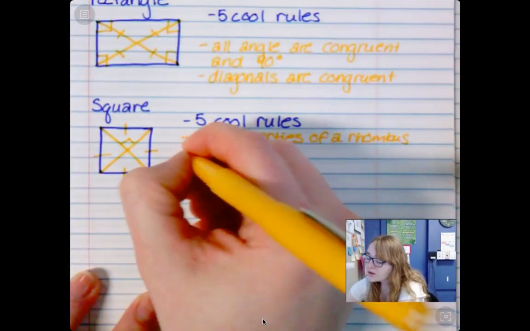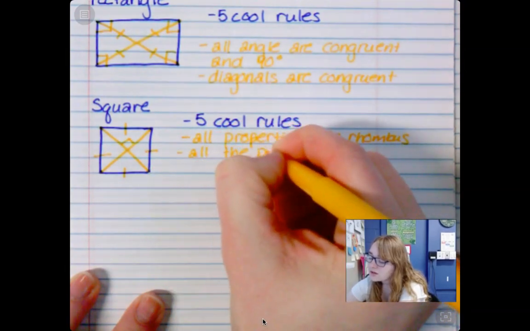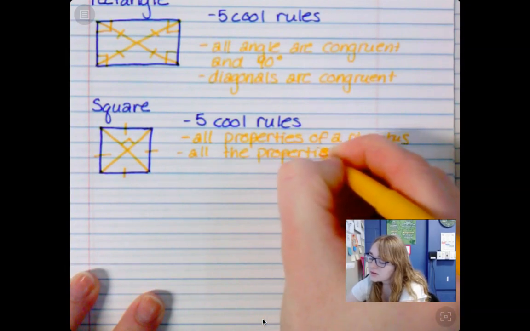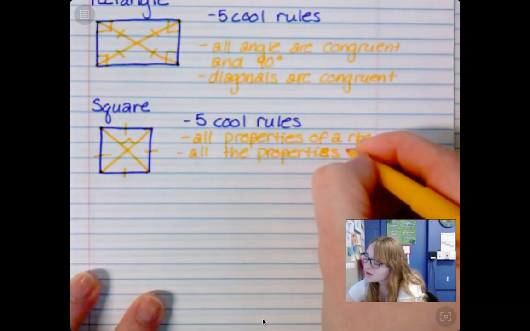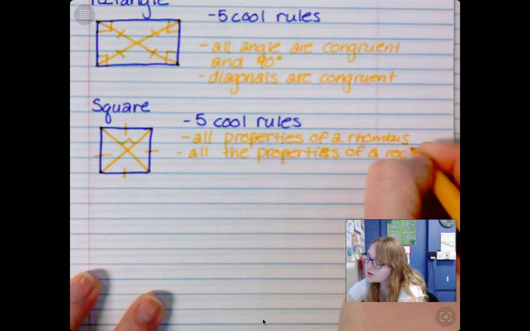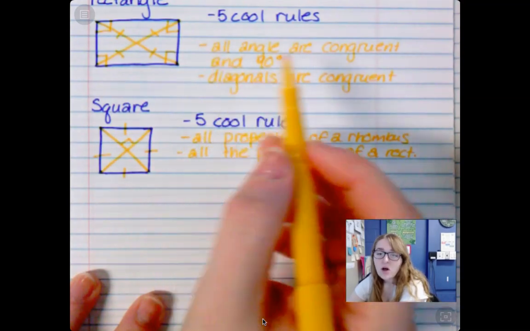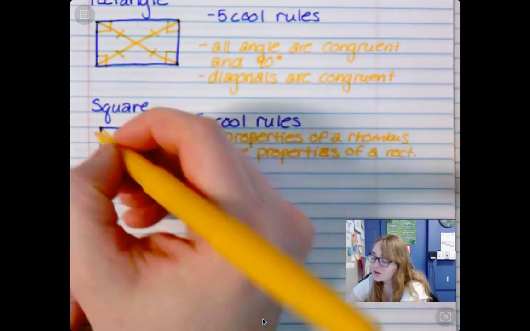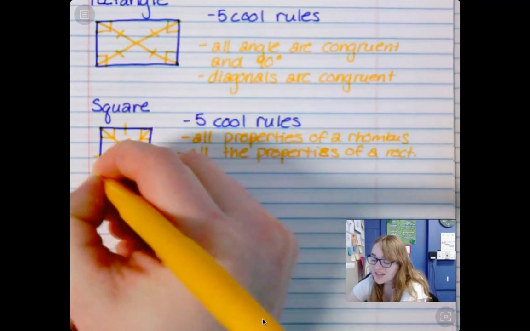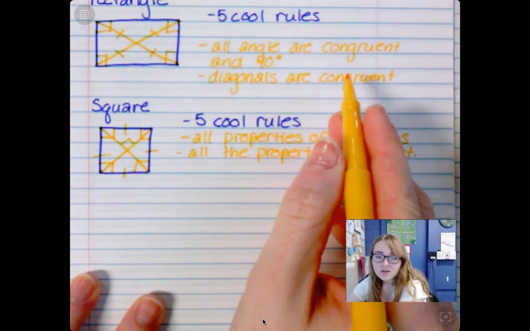Okay, squares also have all the properties of a rectangle. I'll just abbreviate that. So in our rectangles here, all angles are congruent and 90 degrees. So that means that in a square, all of our angles are congruent and 90 degrees. Okay, and that our diagonals are also congruent.